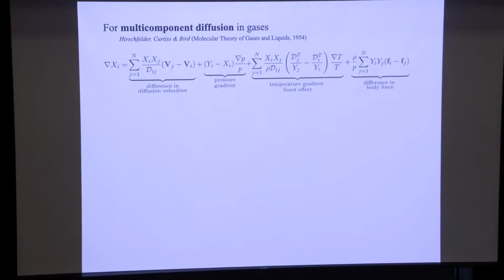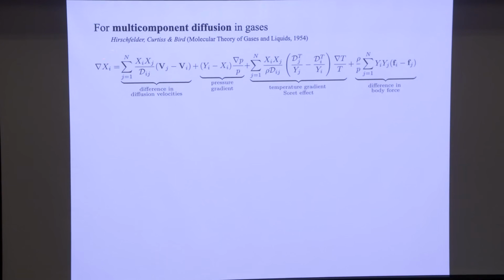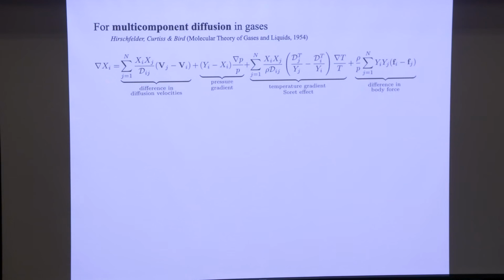In other words, the diffusion velocities are related to the mole fraction, xi, in that form. And so the difference in diffusion velocity produces a gradient in concentration, but also the gradient in pressure affects that, and also the gradient in temperature, which is often known as the Soret effect, also produces a gradient in concentration, and even the difference between body forces produces a gradient in concentration xi.